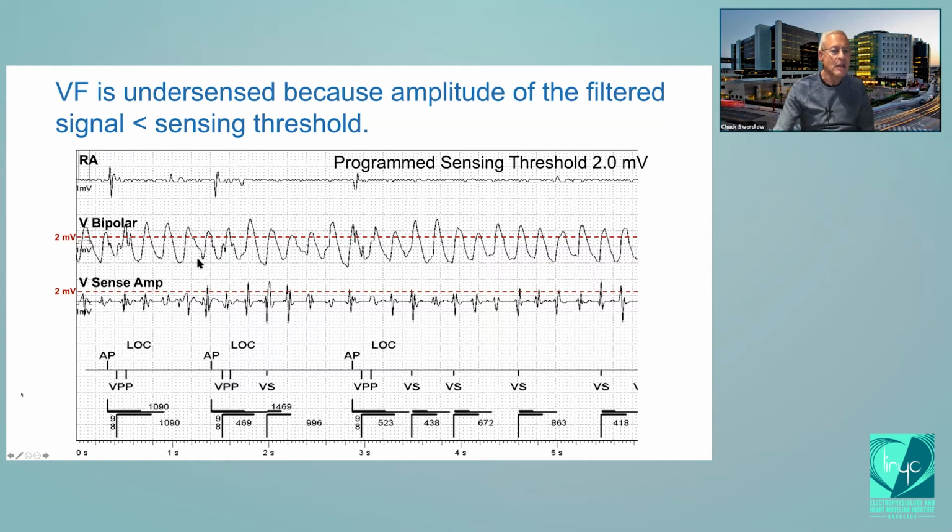We can see that when there's undersensing, even though this particular unfiltered signal is larger than 2 millivolts, the filtered signal is less than 2 millivolts. So we need to understand the amplitude of the filtered signal before we make a decision and say that the device isn't working right.